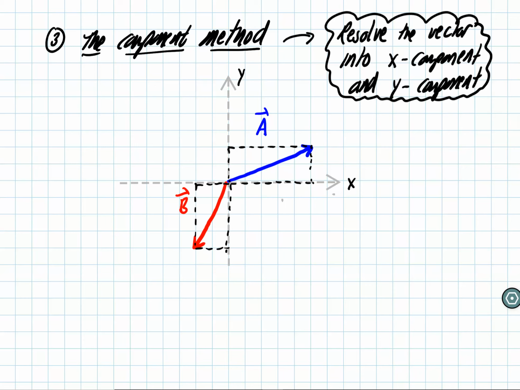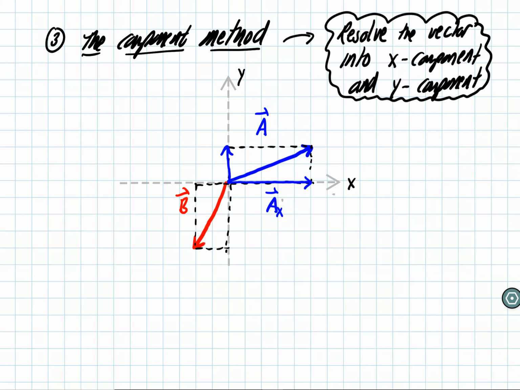So let's look at vector A. You can see that vector A doesn't go in the x dimension, and it isn't in the y dimension, but we can think of it as consisting of an x part and a y part. The x part, we're going to write as the same letter A with a subscript x, and we're going to keep that little vector hat on.